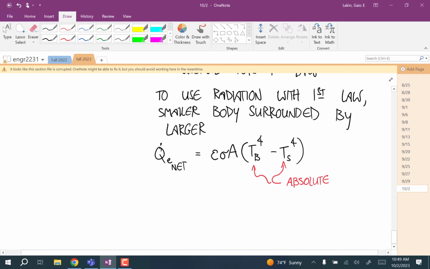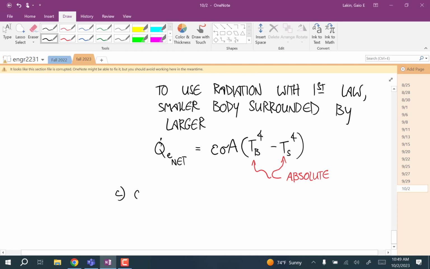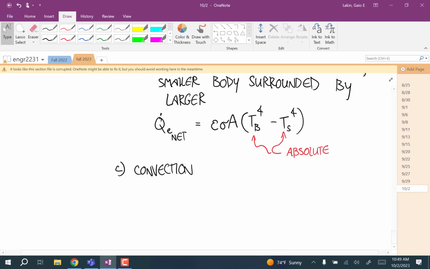And then the last one is convection. The equation for convection says the rate of heat emitted is equal to this catch-all constant h that you have to determine experimentally, times the area of the body, your system, that's exposed to the fluid that's carrying heat to or away, times the quantity temperature of the body minus temperature of the fluid.